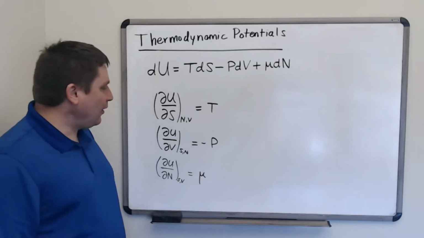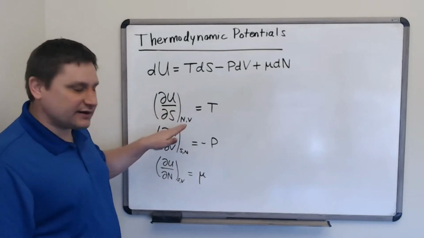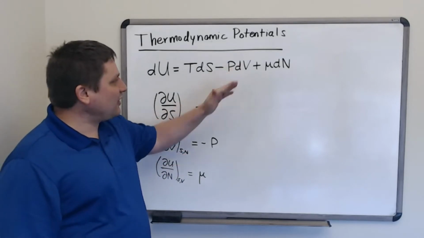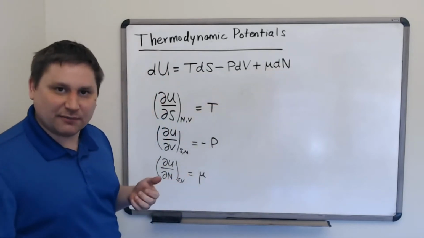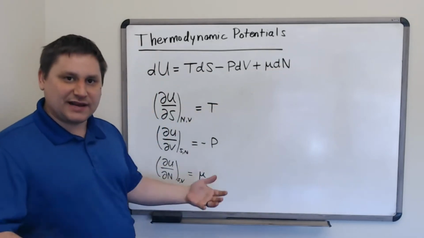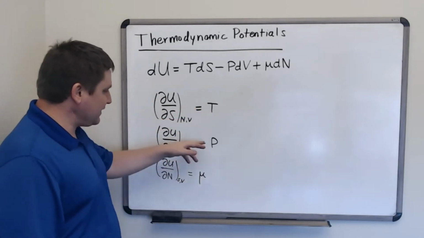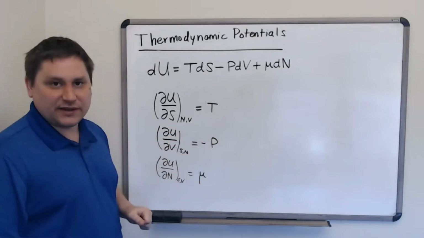These derivatives always give us the conjugate variable to the independent coordinate. Temperature and entropy are conjugate variables, pressure and volume are conjugate variables, and chemical potential and particle number are conjugate variables. So with respect to S, we get T, with respect to V, we get P, more or less with a minus sign, and with respect to N, we get mu.